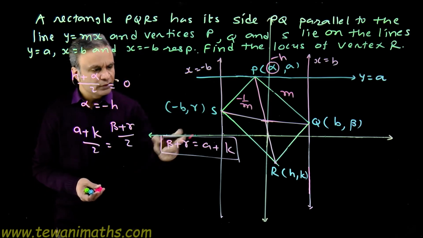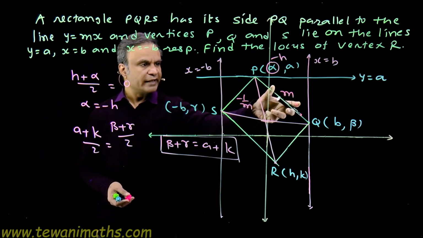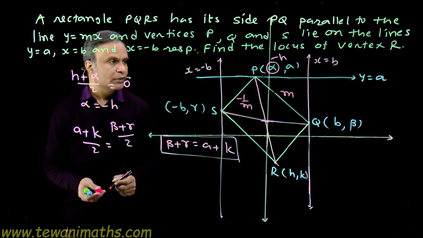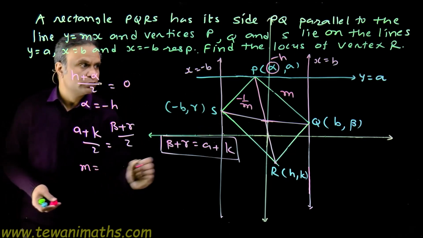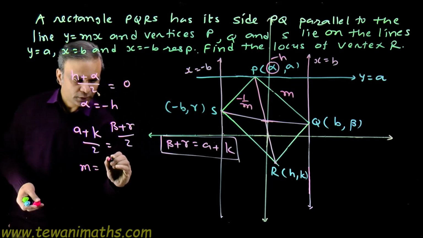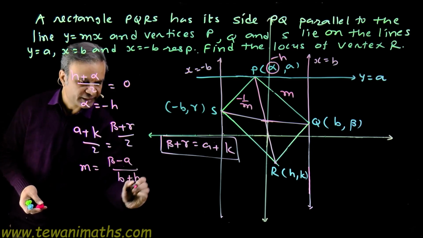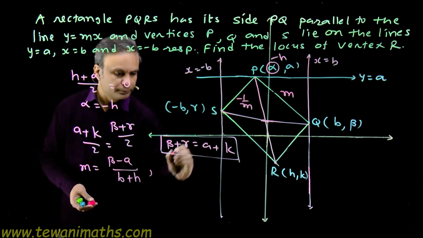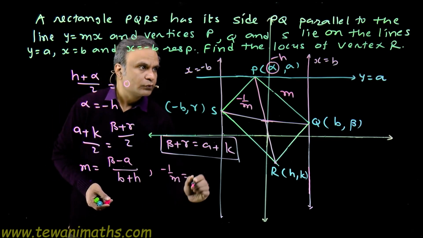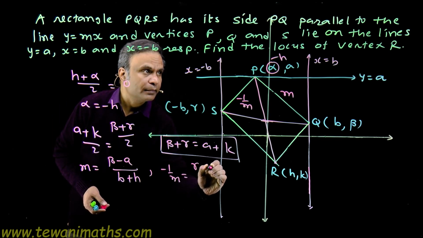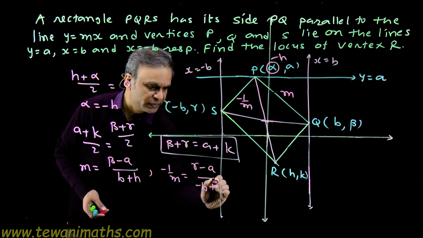It is already a parallelogram, and with this condition it becomes a rectangle. So the slope of PQ, m, is equal to, PQ का slope क्या होगा? Slope होगा बीटा minus a upon b plus h, and the slope of PS, minus 1 upon m, is equal to gamma minus a upon minus b plus h.